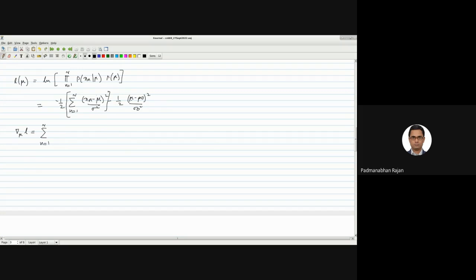Here also it becomes 2 into (mu minus mu naught). The 2 and the half cancel in both terms.